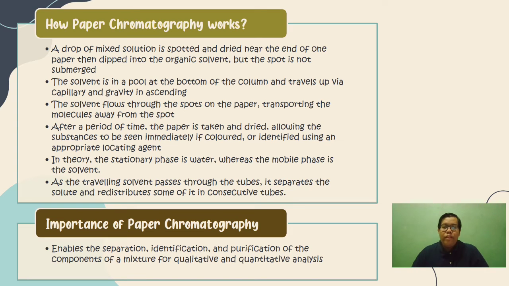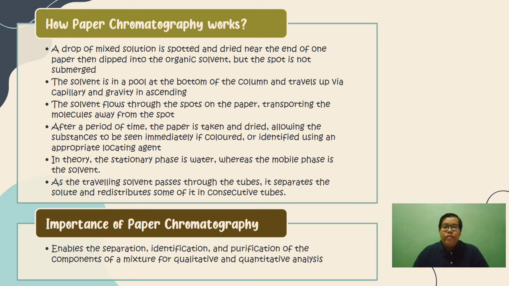In theory, the stationary phase is water, whereas the mobile phase is the solvent. The water may be thought of as being confined in a series of little tubes through which the solvent flows. The solid dissolves in the water of the tube when a drop is placed on paper.